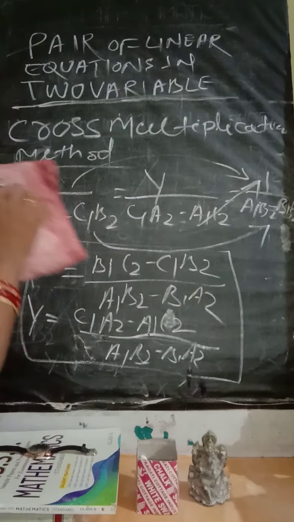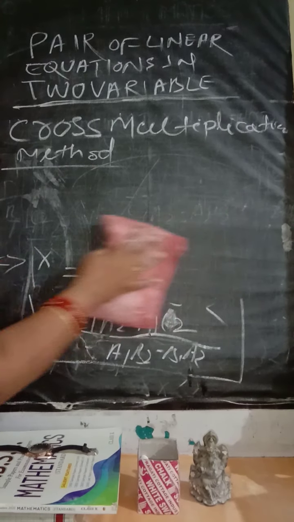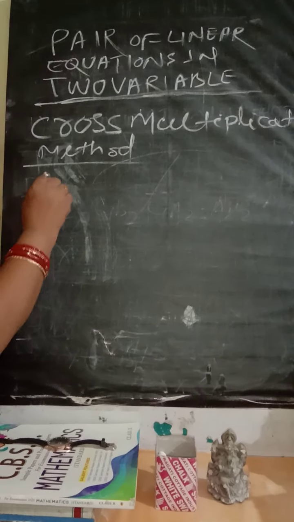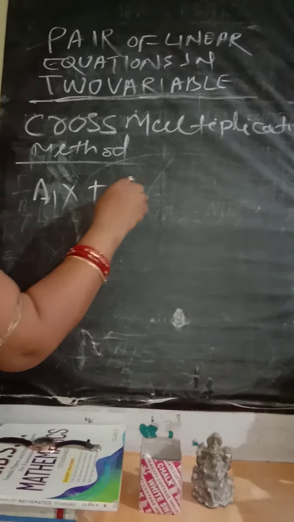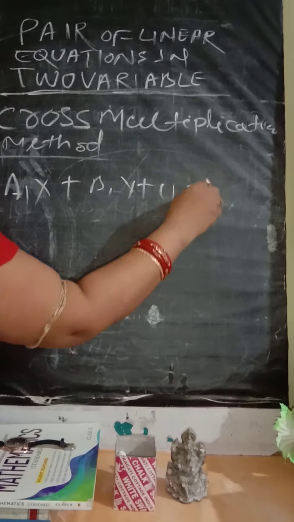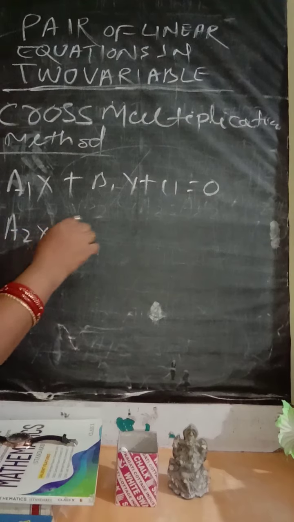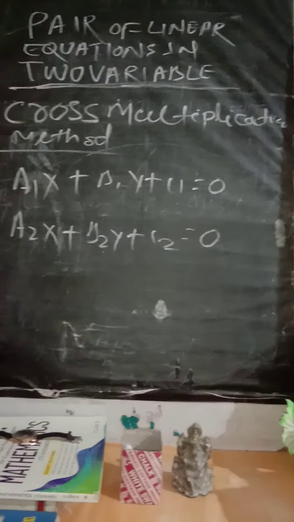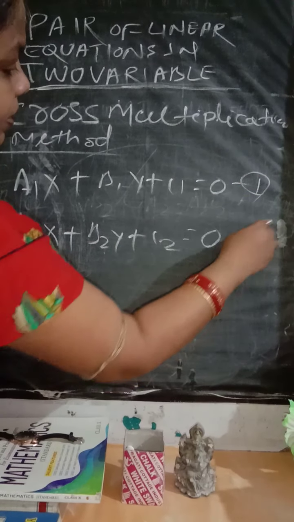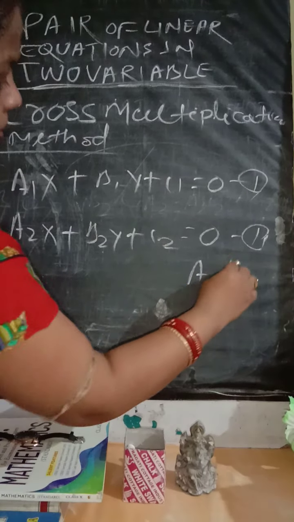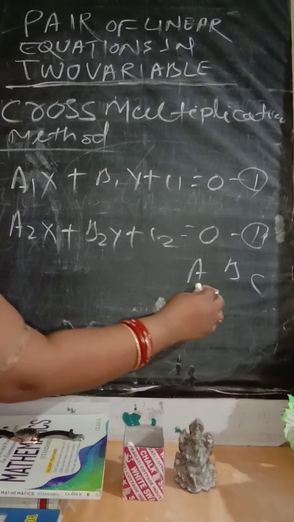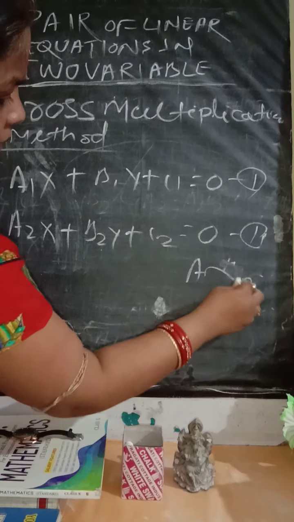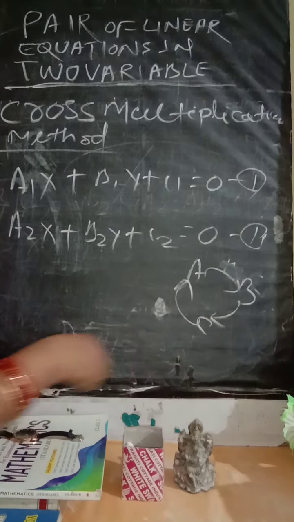Okay, for the simple things I had told you about the cyclic order of ABC. What I can see: a1x plus b1y plus c1 is equal to 0, a2x plus b2y plus c2 is equal to 0. When you find A, B, C in cyclic order, that means A to B, B to C, C to A, in this way.